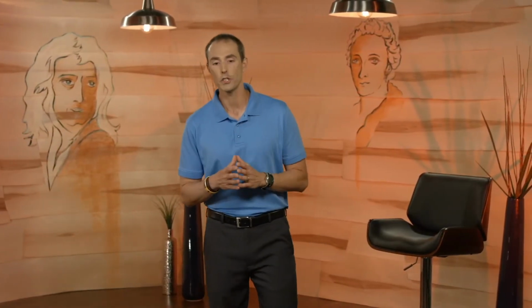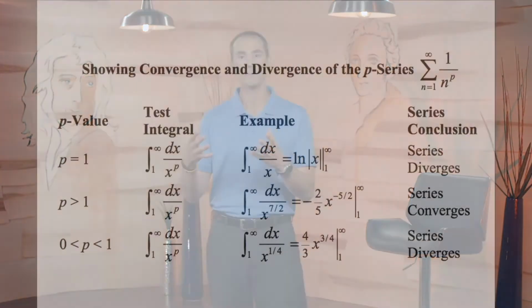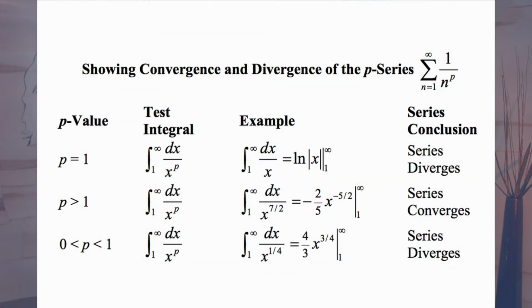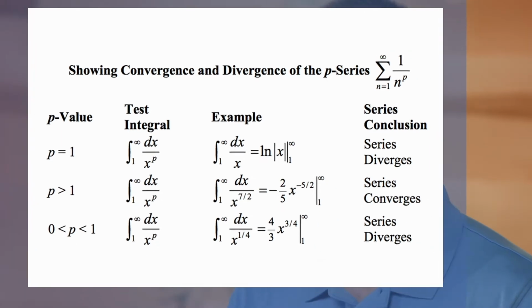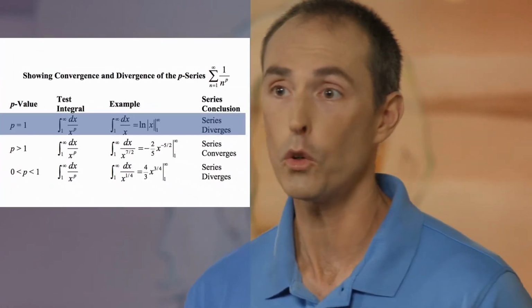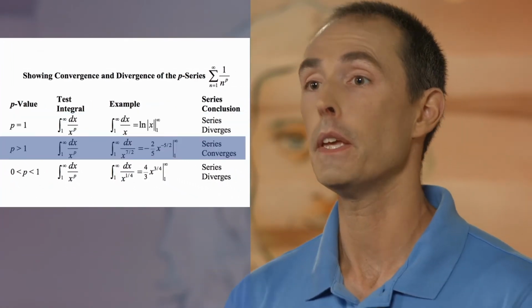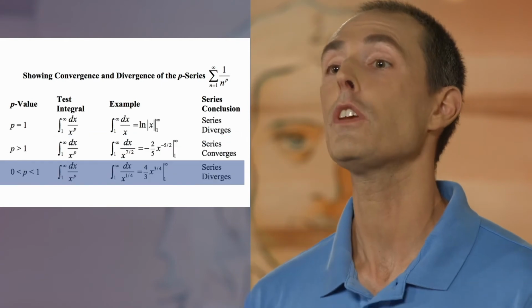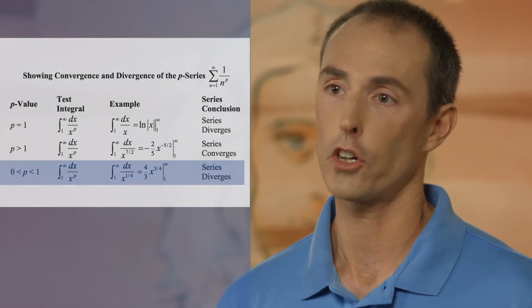Example 3 might be my favorite because it allows us to extend what we show and maybe use some discovery here. What I would actually do is present students with the integral from 1 to infinity of dx over x to the p power. And what I want them to do is run through the integral test 3 times. Once for p is equal to 1, one for p being greater than 1, and one using a value of p that's between 0 and 1.